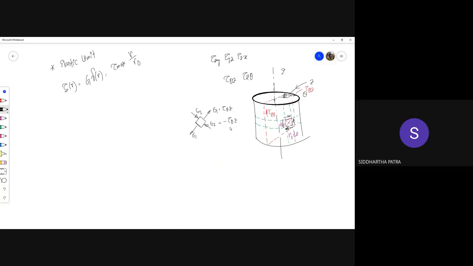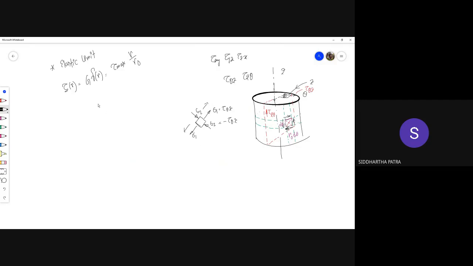So let's say you have a brittle material which you are subjecting to torsion, let's say a piece of chalk. Cracks tend to open in these two directions.